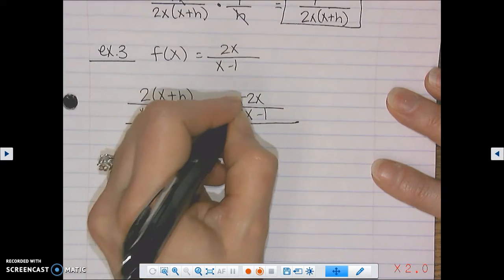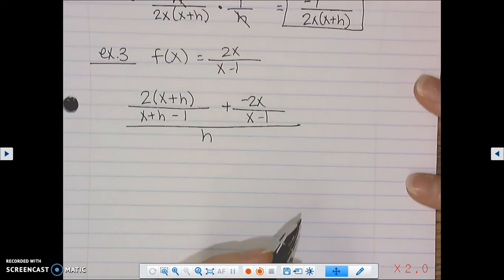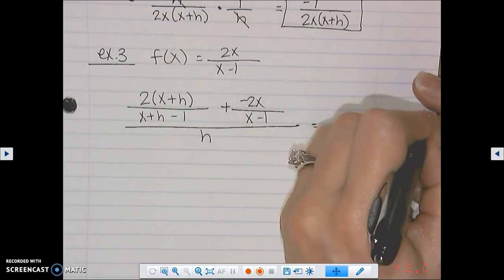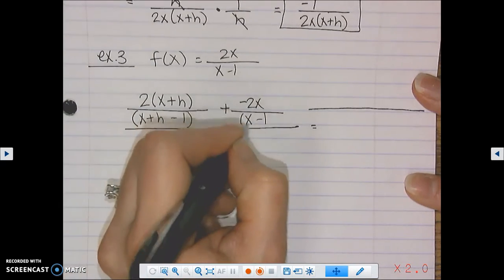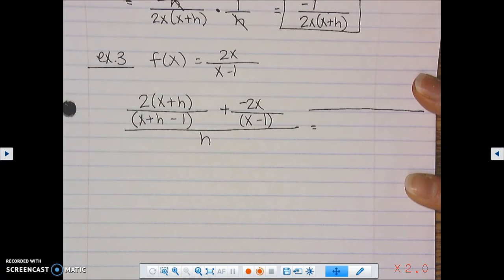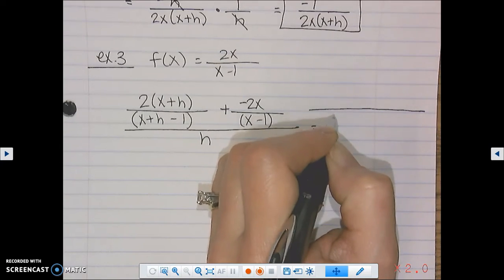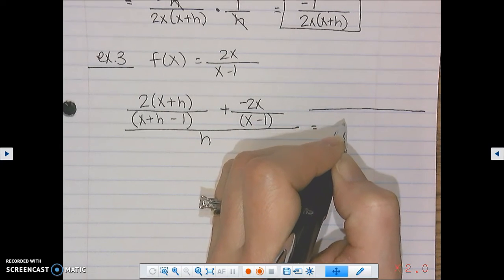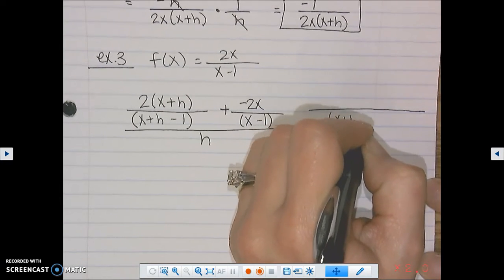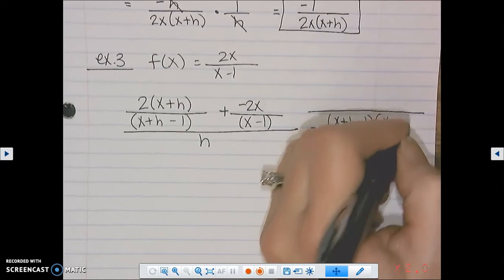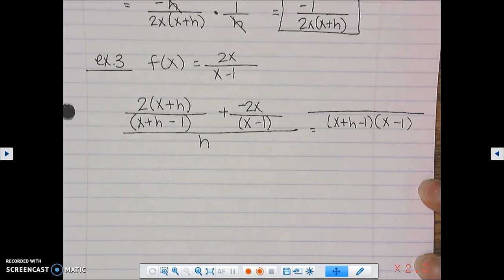Now that we have this, we're going to build a common denominator between these. Okay, so this is a trinomial, this is a binomial. You cannot take parts of those to be your common denominator. So we're going to go ahead and take everything from those. So we're going to have x plus h minus 1 and x minus 1 is our common denominator.